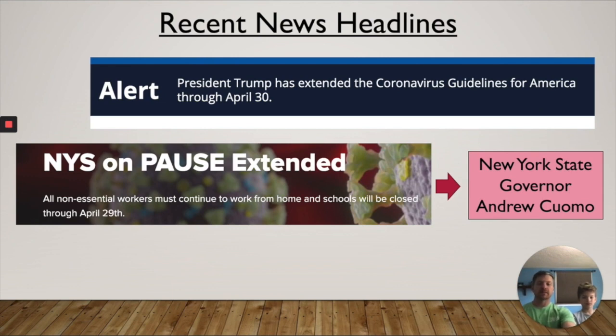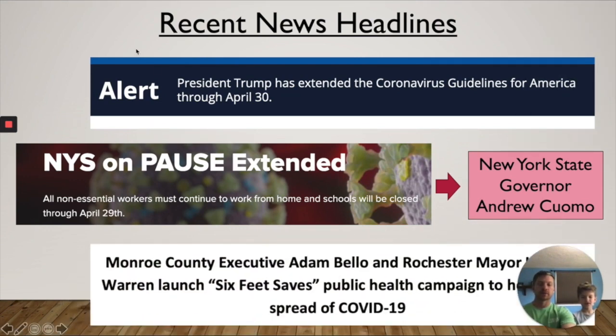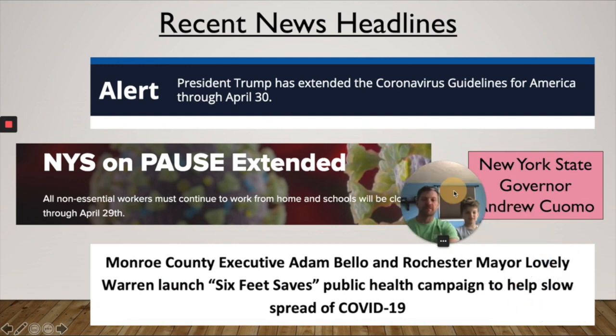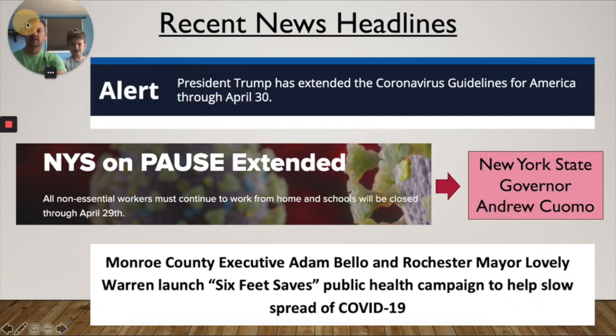All right, let's see about the other folks. And let's get our faces out the way again. Monroe County Executive Adam Bello and Rochester Mayor Lovely Warren launched 6 Feet Saves, public health campaign to help slow spread of COVID-19. Great. So that's 2 more people.